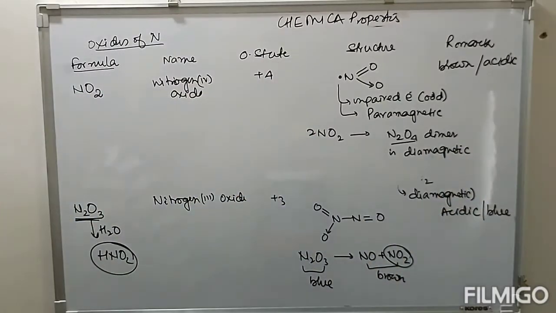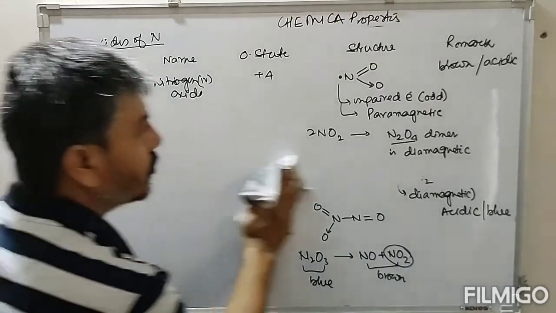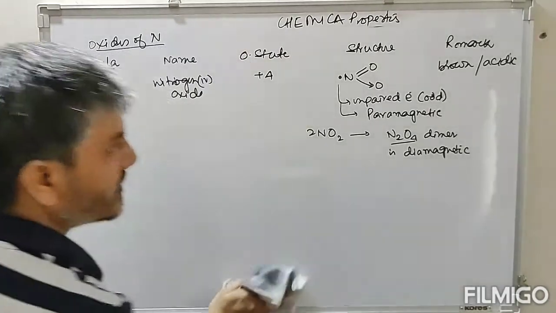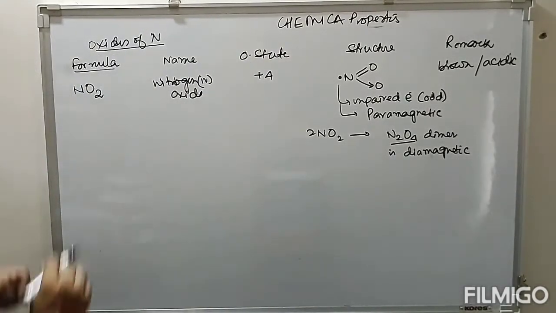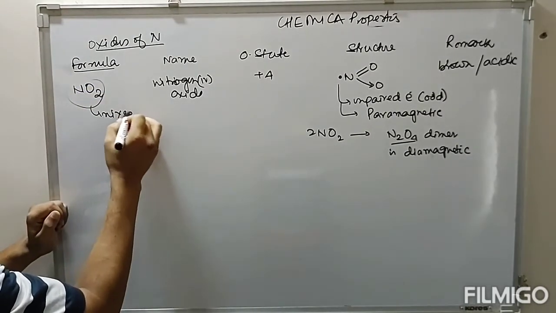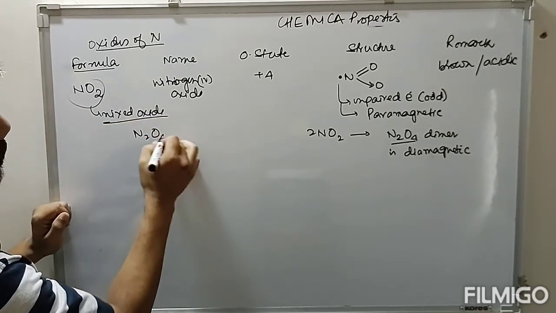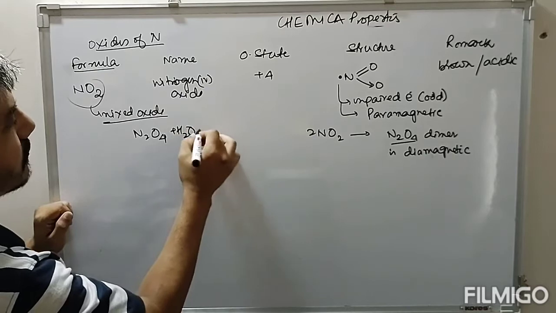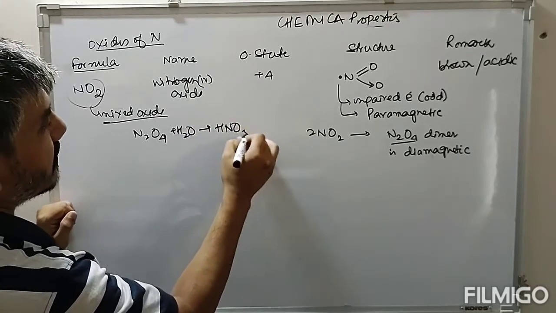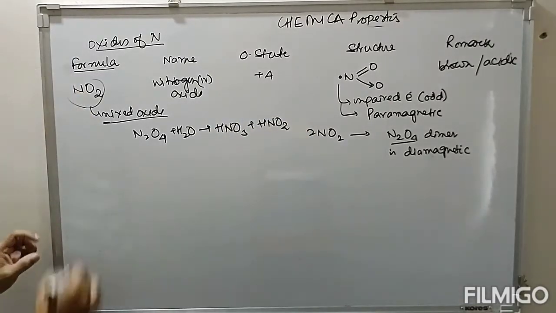So immediately it dimerizes to give you the dimer, that is N2O4. This is known as the mixed oxide, because this N2O4 reacts with water to give a mixture of nitric and nitrous acid.